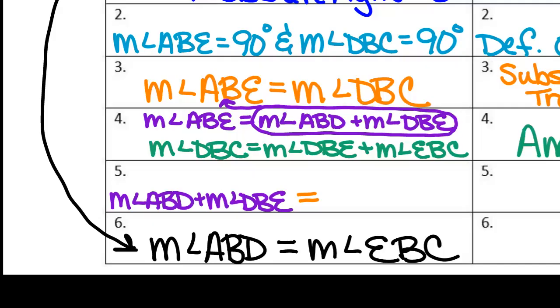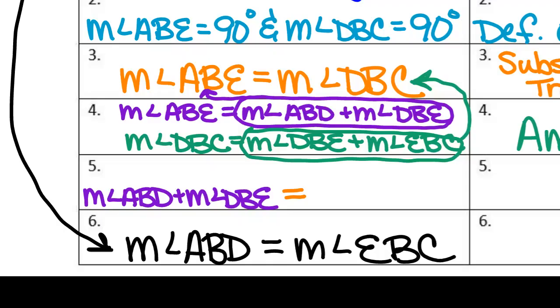Here's EBC. EBC plus DBE gives me DBC. Where else do you see DBC? The third one right here. And here, to be fair. But this is the one I'm looking at. I'm going to take everything after the equal sign, and it's going to replace this DBC. So all of this right here takes the place of DBC. So the measurement of angle DBE plus the measurement of angle EBC.